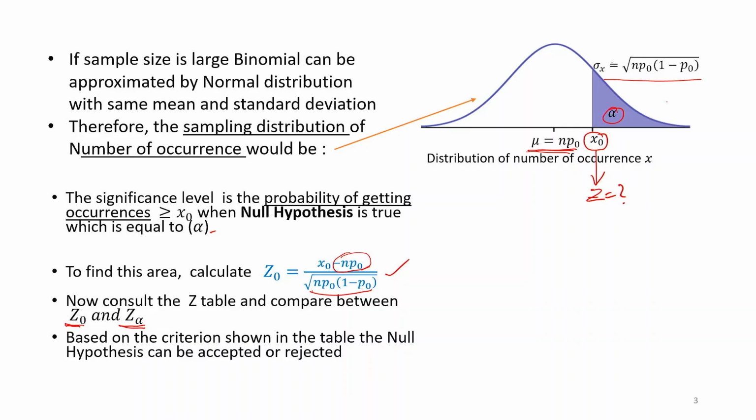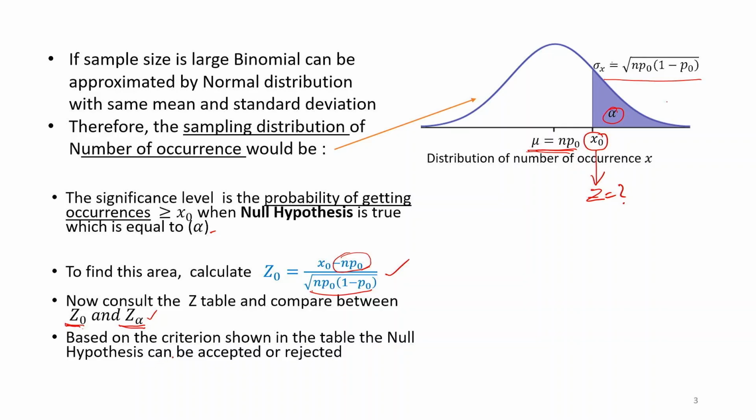For a given level of significance, which could be 0.05 or 0.01, we can find out the corresponding value of z. That is what we say is z alpha, and whatever z value we observe from the current data that we get by doing the experiment, that is my z0 or z observed.